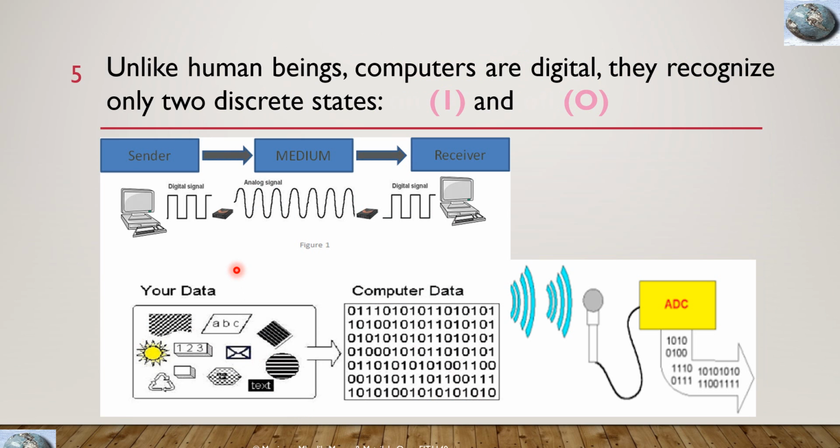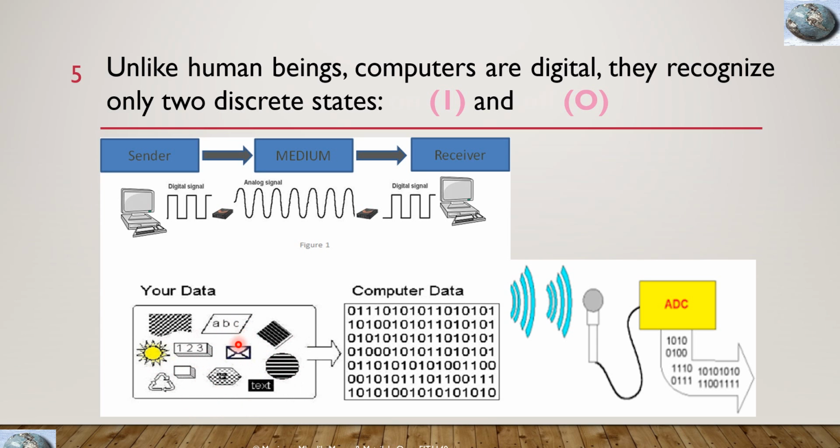Unlike human beings, computers are digital, and we have seen from the previous slide that computers only recognize these two discrete states, 1 and 0. Your data can be in this format: ABC, it can be weather, it can be 1, 2, 3, whatever text that you have given us.